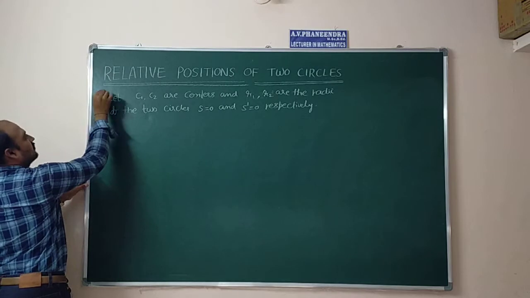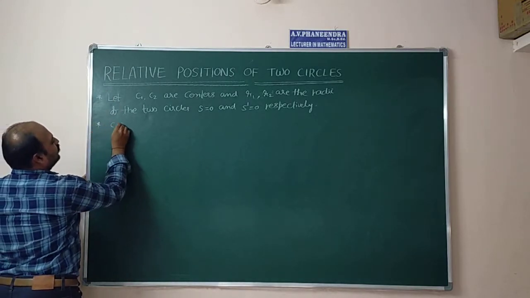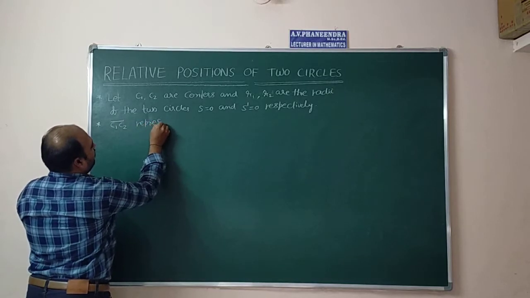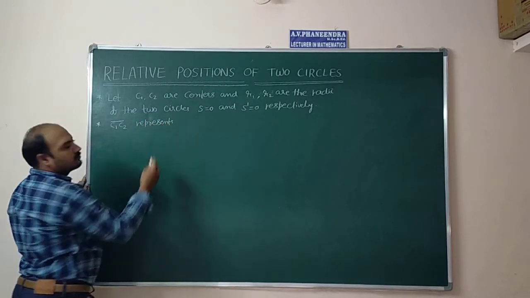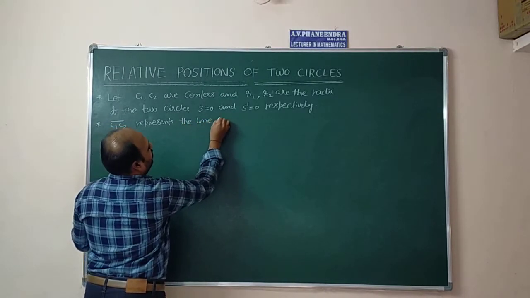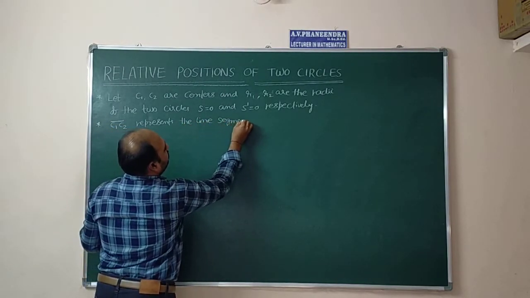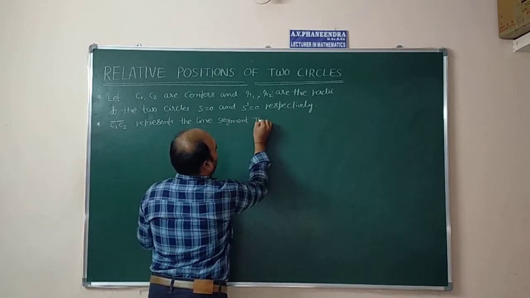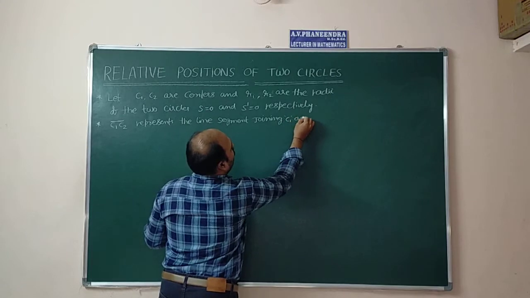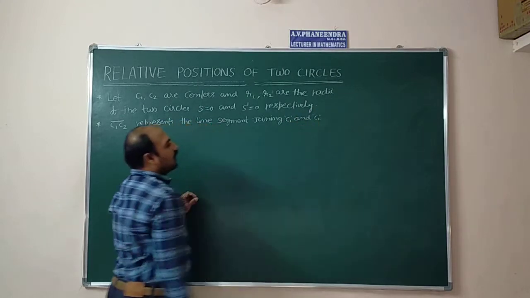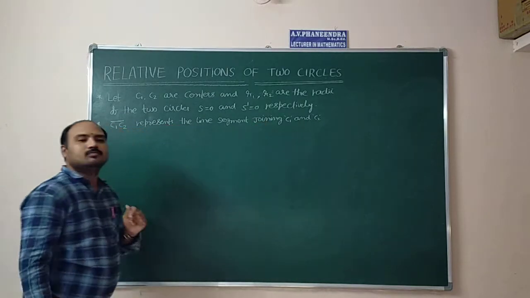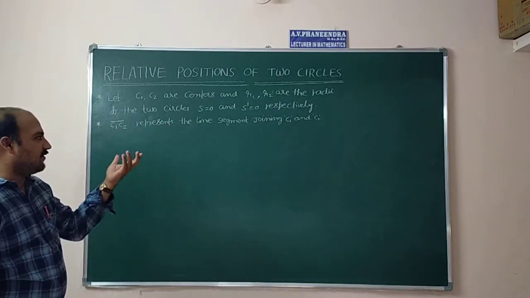C1C2 represents the line segment joining C1 and C2. That means the distance between the centers.